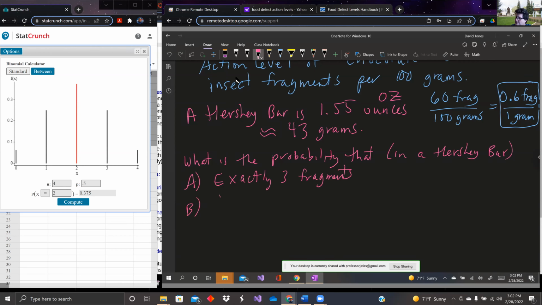Fewer than 3. And then let's look at at least 10.